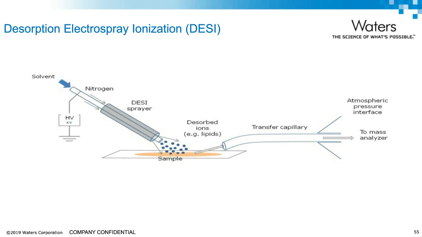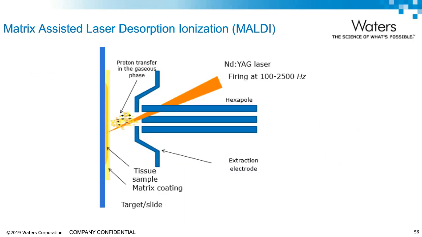Matrix-assisted laser desorption ionization, or MALDI, uses a laser to create ions. A mixture of laser-absorbing matrix in the sample are coated onto a target plate with the matrix in excess in the mixture to ensure good ionization.